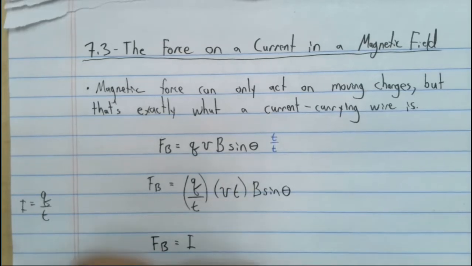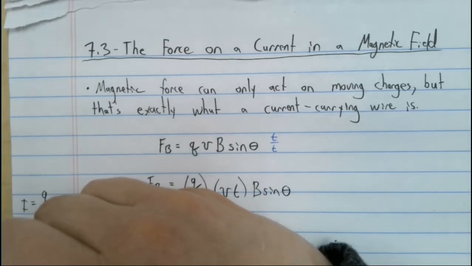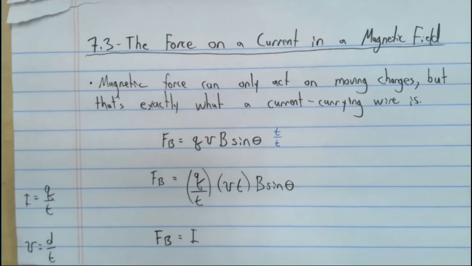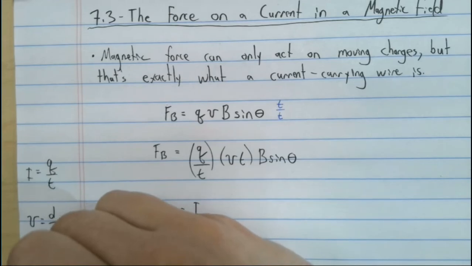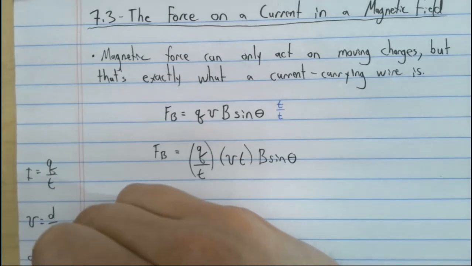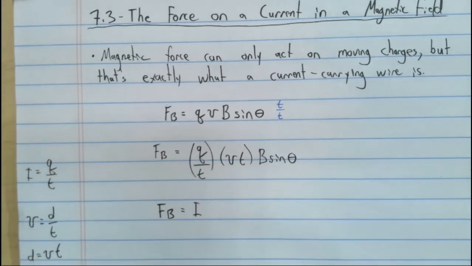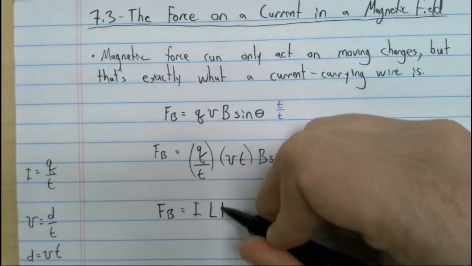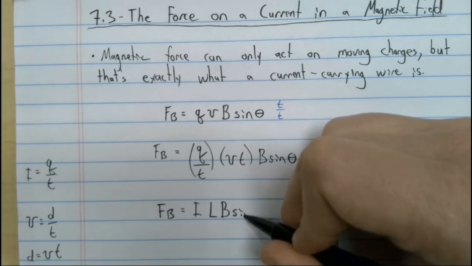Velocity times time, we could find that by going like this. Velocity is distance over time. So really, velocity times time is the distance traveled by the charges. In the context of a wire, though, that's going to be the length. So velocity times time is the length, or distance traveled by the charges in the electric wire.